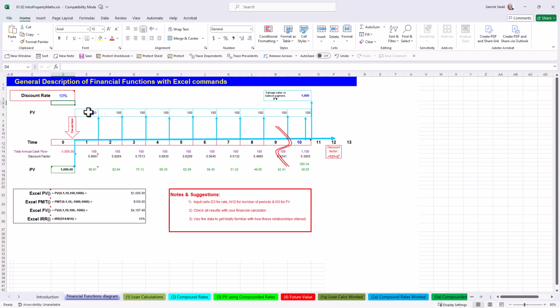Okay, and so in this model, I have a property which is acquired, and we'll say for $1,000, that's its present value, its net present value. And it's going to return to us $100 at the end of year 1, $100 at the end of year 2, $100 at the end of year 3, and so on up through 6, 7, 8, 9, 10.